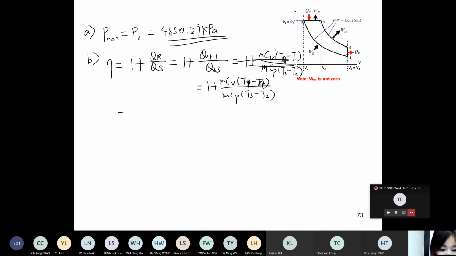So let's rewrite it. It should be CV. What's wrong with this? Now we can cancel this term, and we can calculate the thermal efficiency.